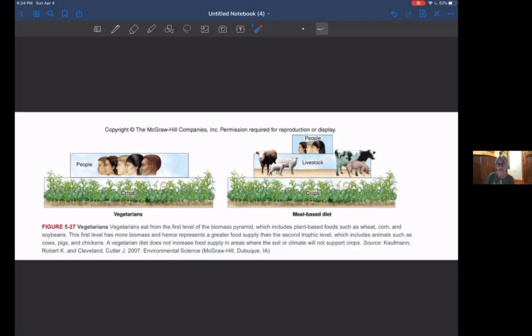But if you thought about the way that we eat meat every day, that is not a sustainable thing for every person on the planet to do, every day or even at every meal, right? So that is not sustainable. We have to think about how we can be more sustainable if we are going to have a large increase in humans on this planet.